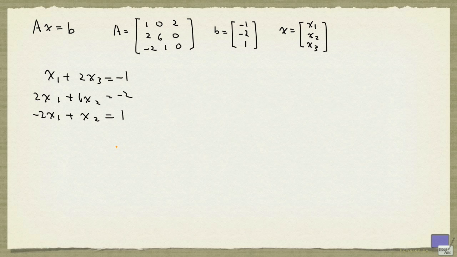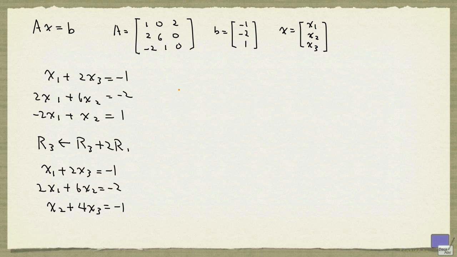Now let's look at the operation of adding a constant multiple of a row to another row. Suppose that we are adding 2 times row 1 to row 3. Performing this operation to the original system, what we get is this.